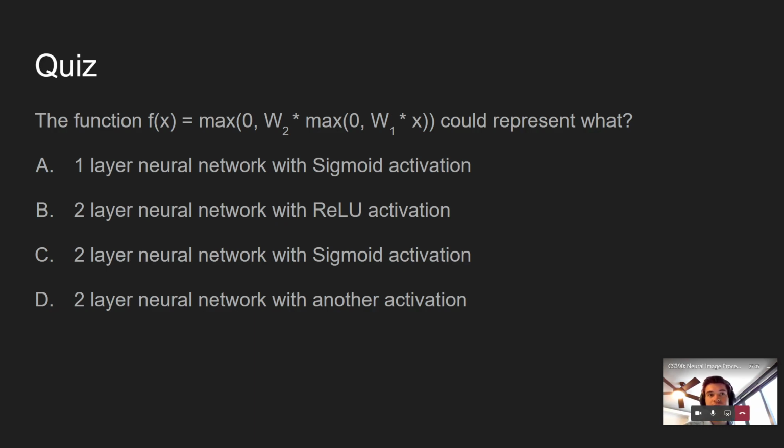Oh, wait. It's actually B. Is it B? Yep. ReLU, remember ReLU is the maximum of 0 and x. I didn't consider that it would look like a ReLU if you graphed it. Yeah. ReLU is strange, but it's really helpful.